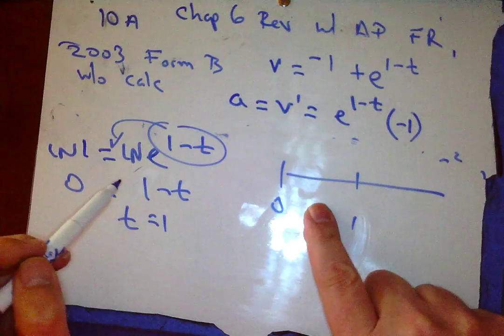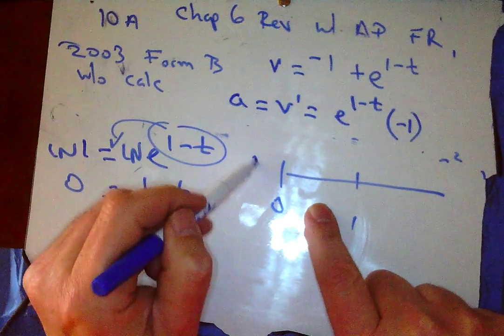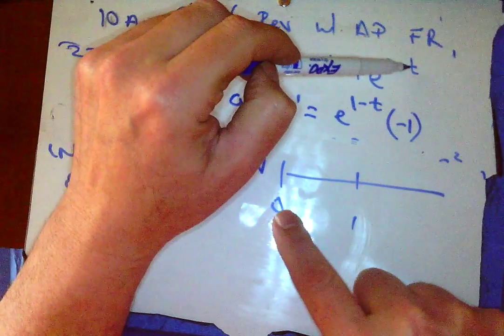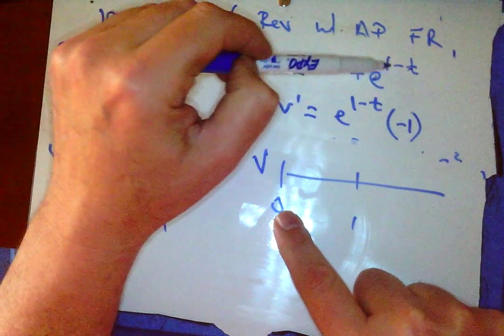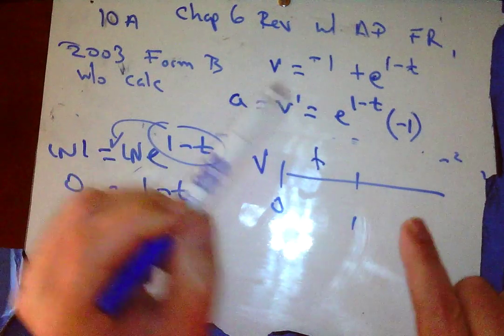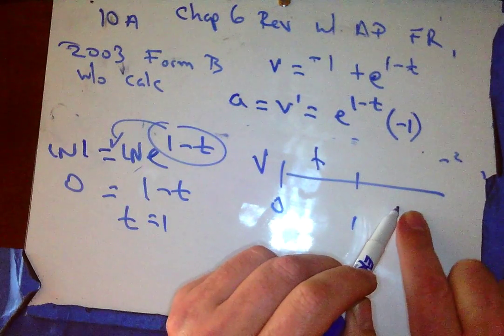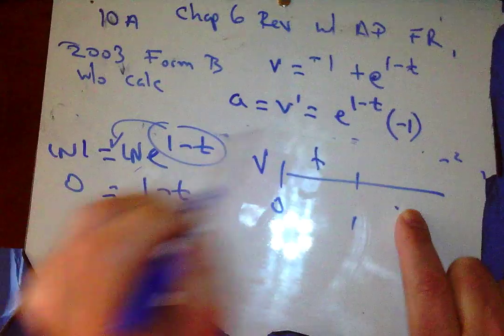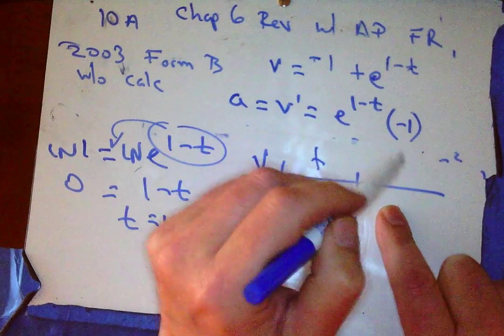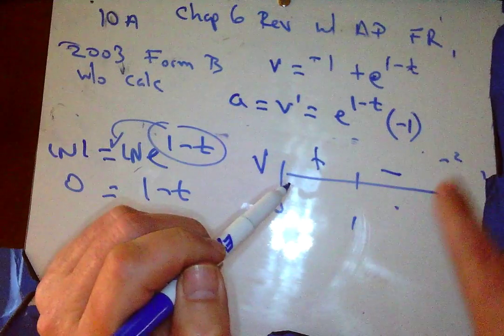If I plug in a number here, and remember, this is v, not v prime, like even 0, I'm going to have e minus 1. That's positive. And if I plug in a number over here, like when we plugged in 3, this turned out to be 1/9. This was -1, and we had a minus.